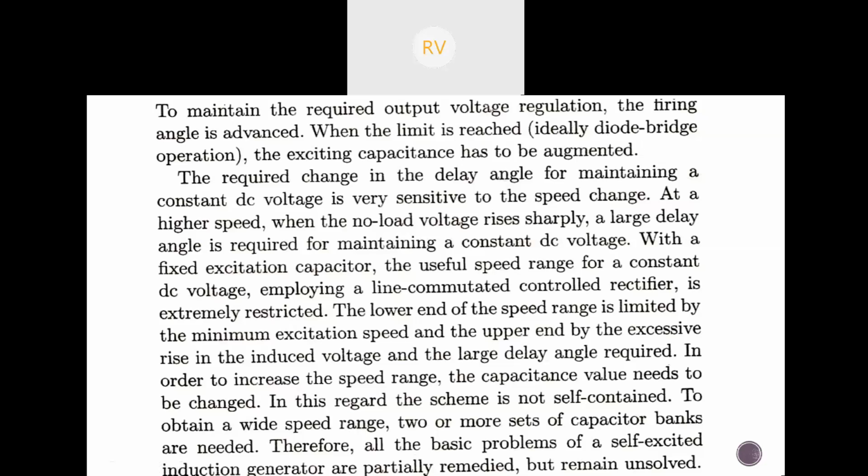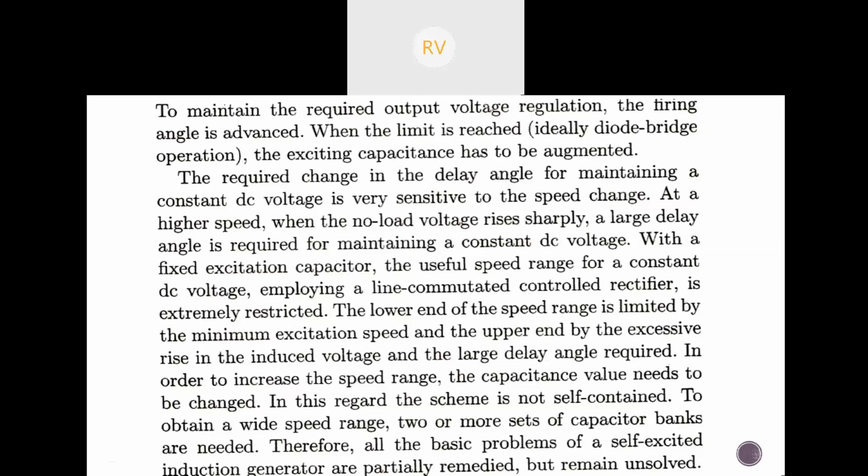So as the speed increases and the no-load voltages rise sharply, we need a larger delay angle for maintaining a constant DC voltage. He is just giving us an example to show that whatever change is there in the delay angle is very sensitive to the speed change.